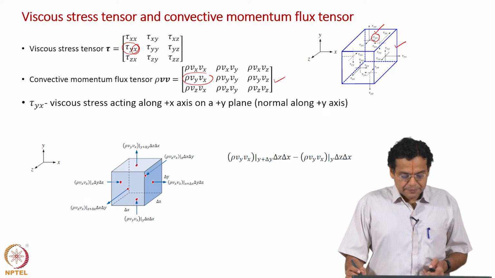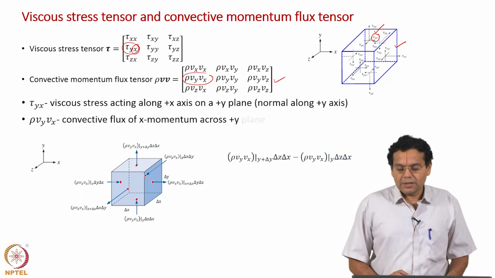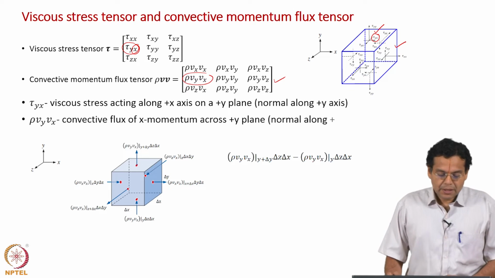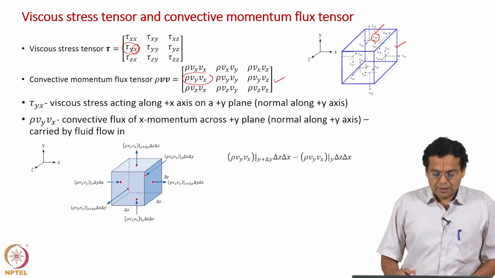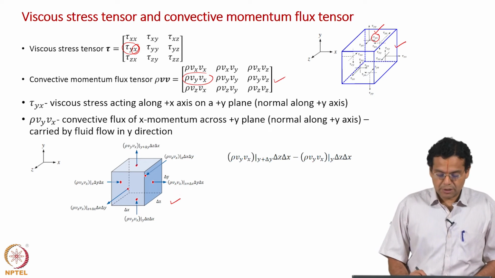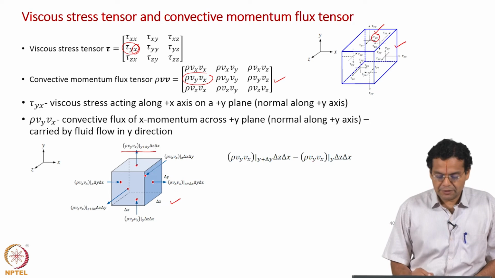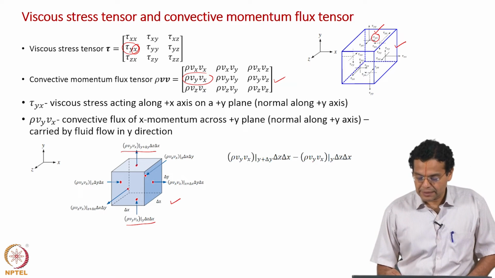Now, let us interpret this rho vy vx, then you will immediately understand why we have the momentum flux tensor. To understand that we will use this control volume, where we have rho vy vx here and rho vy vx here, and those two terms are written here.